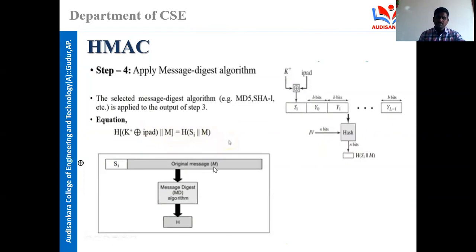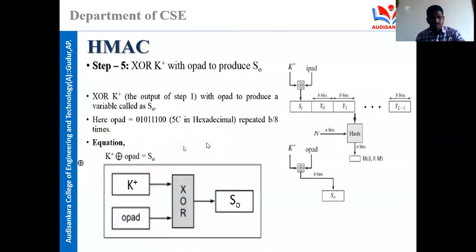On this SI and original message, we are performing the message digest. That is hashing. We will get the output H. The equation is H of K plus XOR IPAD append M, or you can write H of SI append M.